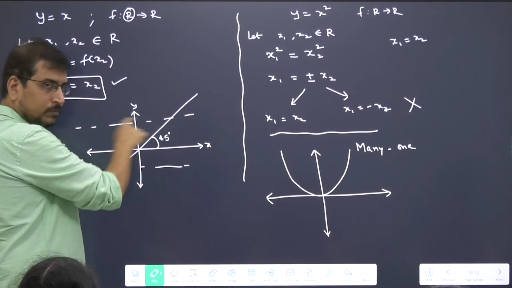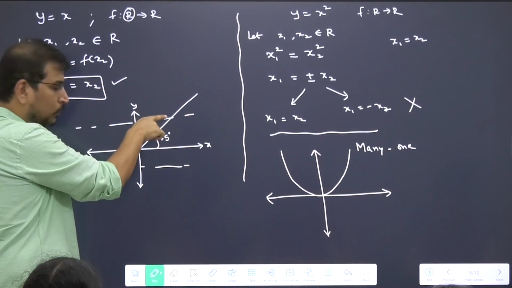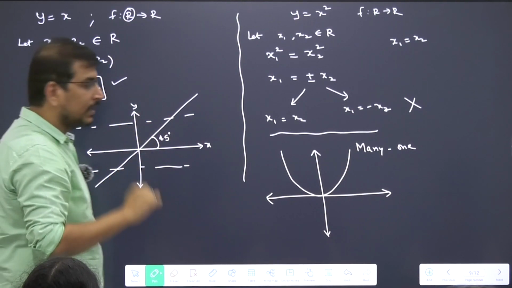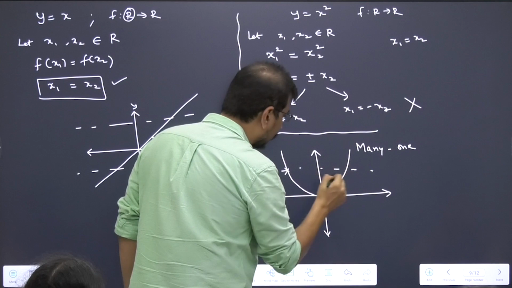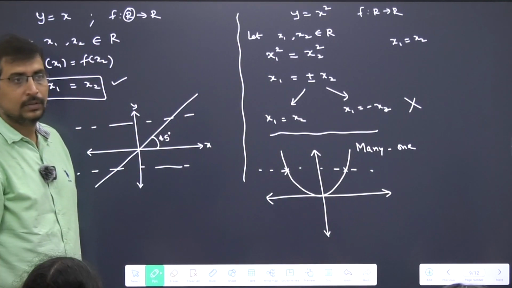You draw this, the line is cutting this graph only at one point. Whereas in this case, if you draw, it is cutting the graph at more than 1 point.